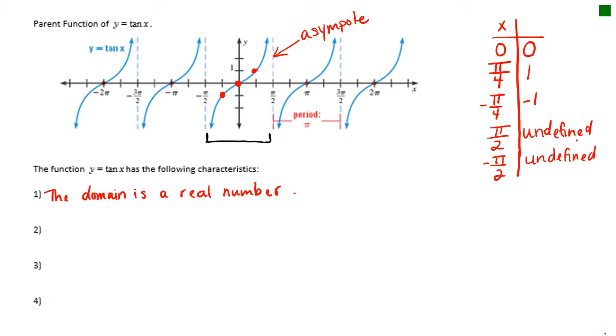So it's all real numbers except odd multiples of pi halves, like 3 pi halves, 5 pi halves, 7 pi halves. At these values, the graph has a vertical asymptote.